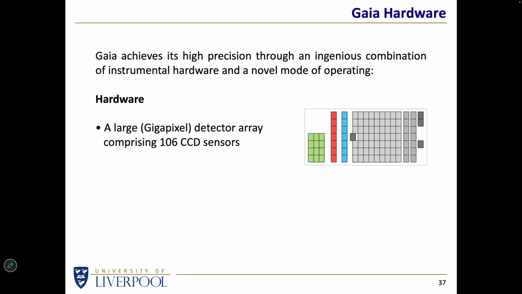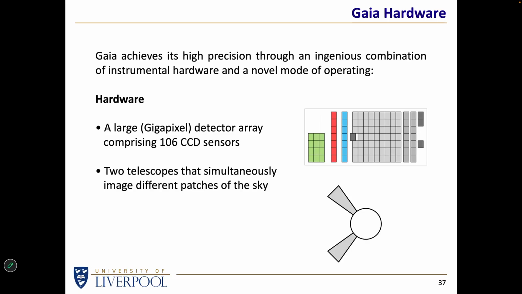It's a detector comprising 100 or so CCD chips, each of which is 9 megapixels. So it's got an awful lot of pixels to play with. And I said Gaia was a telescope, but technically Gaia is 2 telescopes. It has 2 mirrors and has 2 telescopes, and those 2 telescopes point to different parts of the sky, and we'll see why that's important in just a second.